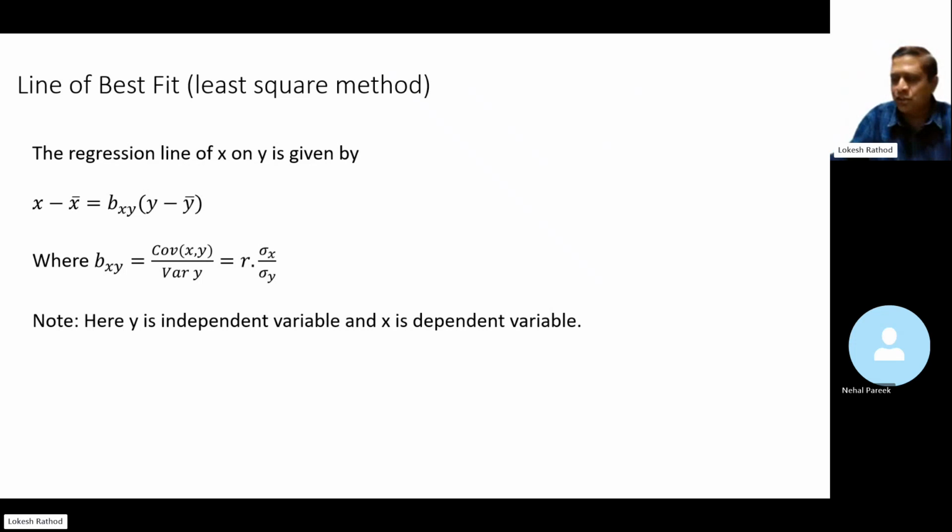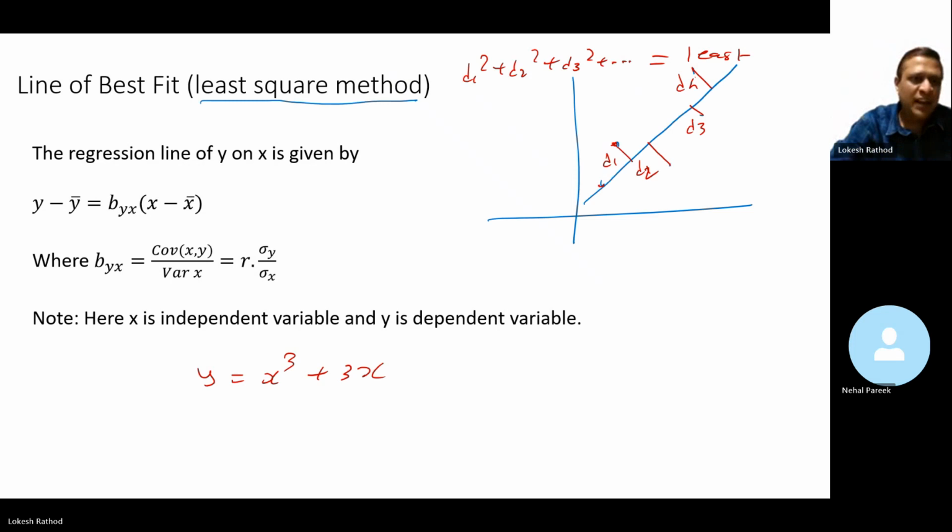Then the regression line of x on y. Earlier it was y on x. Now the formula for x on y is x minus x bar equals bxy times y minus y bar. Earlier it was y minus y bar equals byx times x minus x bar.